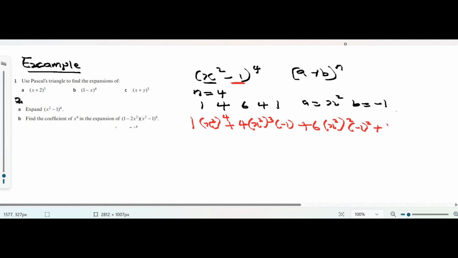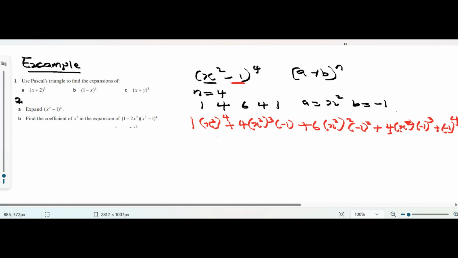I'm going on to 4, I pick my a, which is x squared, to power 1, and my b, minus 1 raised to power 3. Then I'm going for the last round. My a will be to power 0 there, so I don't need a. I only have my b raised to power 4.